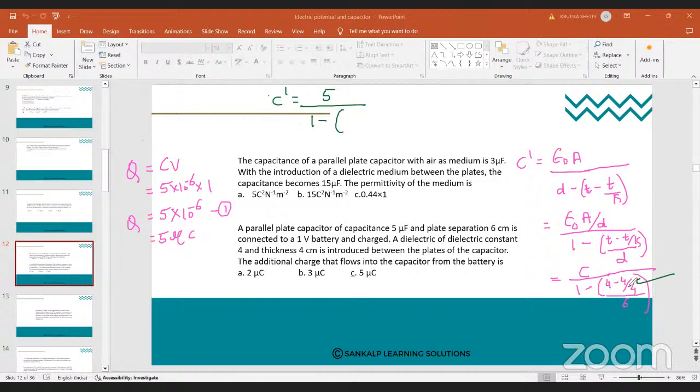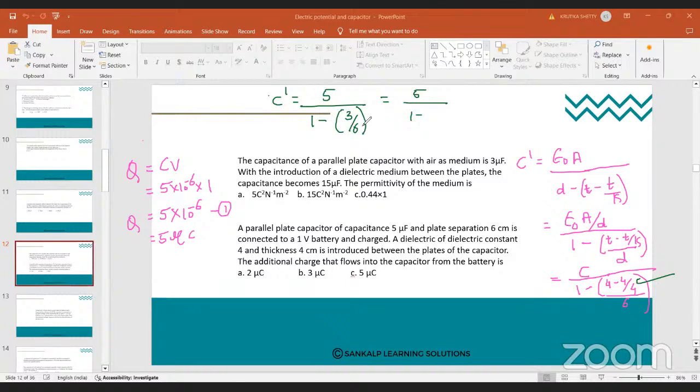So 3 by 6. If you are not understanding, I'll write that one step extra. So here it will be 3 divided by 6. So now it becomes 5 divided by 1 minus, 3 ones are 3, 3 twos are 6, so 1 by 2.